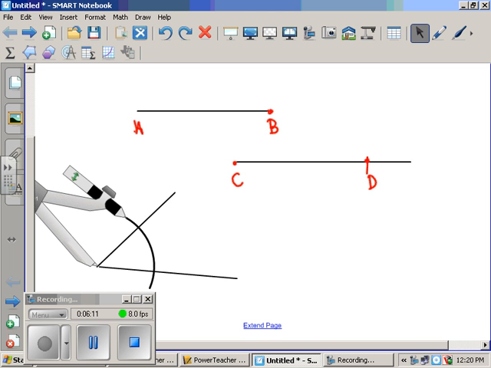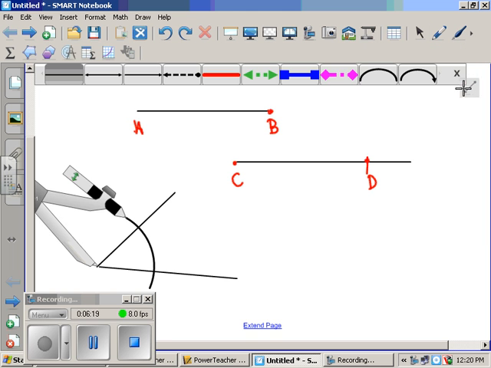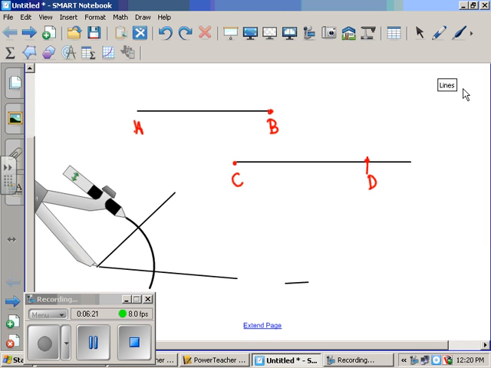Okay, and then leaving my compass open exactly that amount. I should have probably done this first. Get yourself started with another bottom ray.